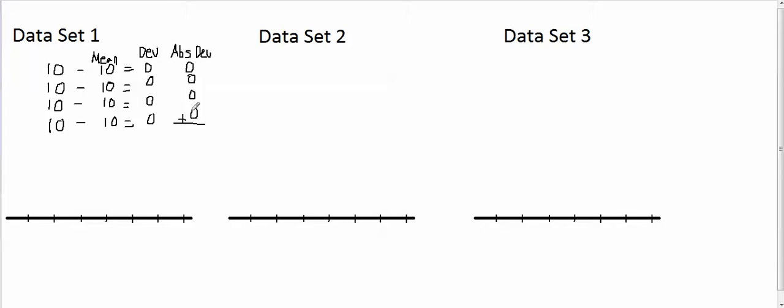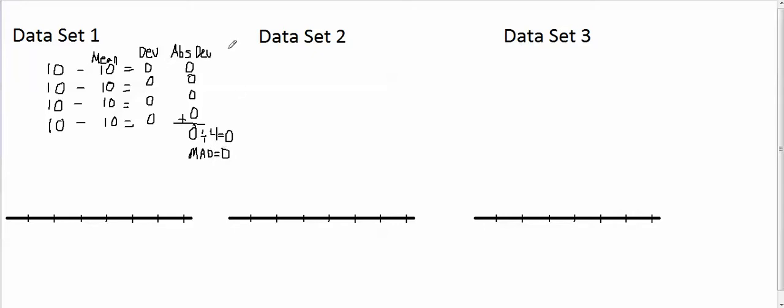So I would add them and divide the total by the number of absolute deviations, which there's 4 of them, so I divide by 4, and I get 0. So that's the mean absolute deviation. All it is, is the mean of the absolute deviations. Its abbreviation is MAD. So I could say MAD equals 0.